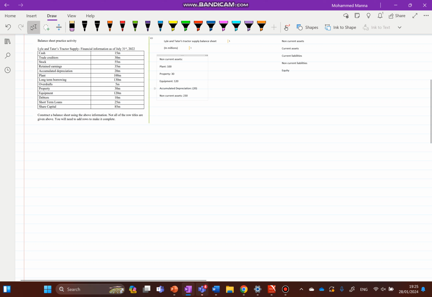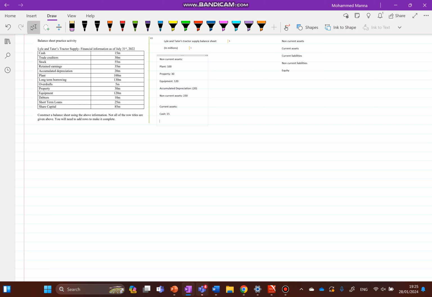And then you move on to the next section of the balance sheet, which is the current assets. So we write a new title to separate both parts. Current assets, and then we go through the table again, similar to the non-current assets, and write them down. Firstly, we have cash for 15.